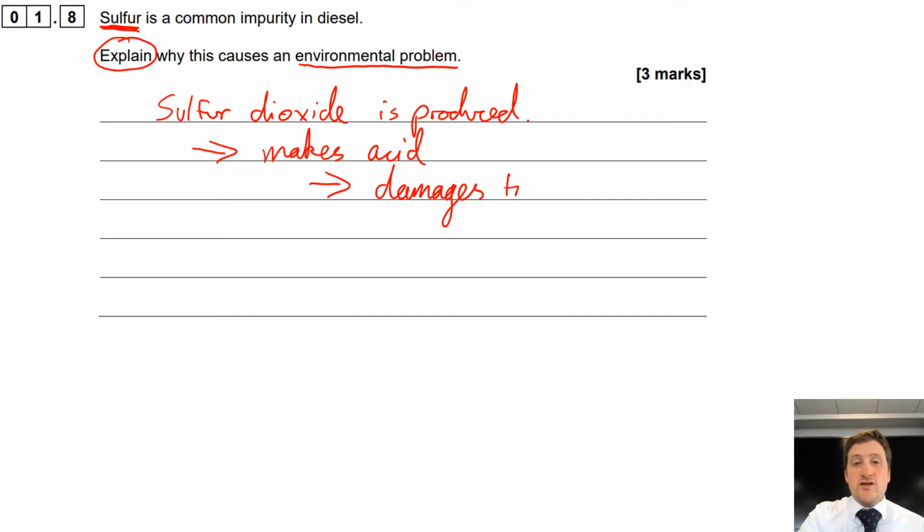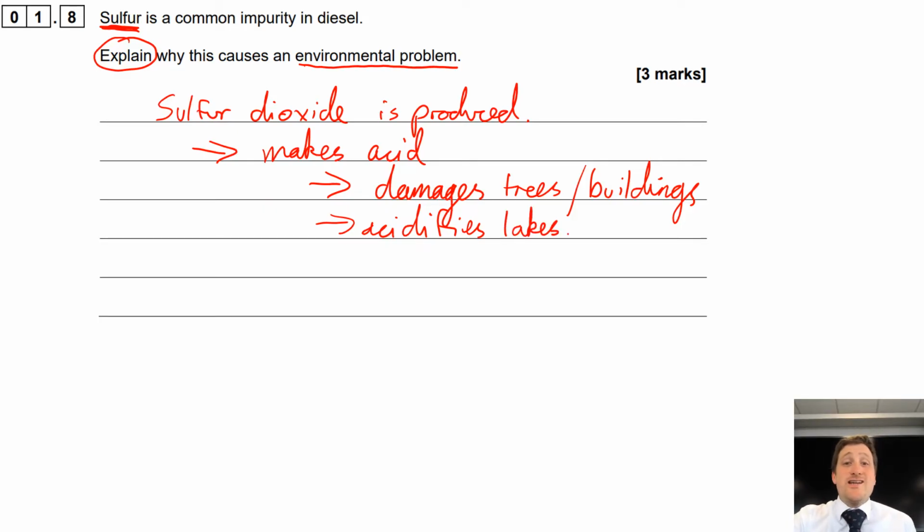It damages trees, it damages buildings, it also acidifies lakes. Okay, so from your geography, you might know about acid rain. Any of these is acceptable. It's 3 marks, which means they're looking for sulfur dioxide, they're looking for making acid rain, and they're looking for a reason how that damages it. Okay, so you've got sulfur dioxide 1 mark, acid rain 2nd, damages trees 3rd mark.